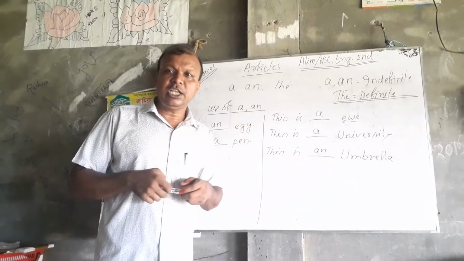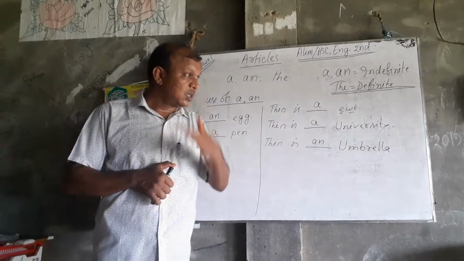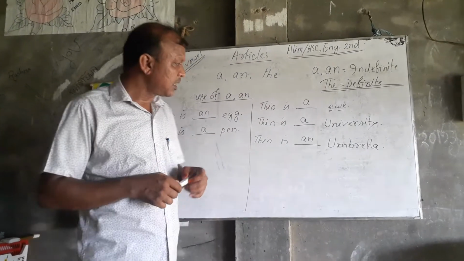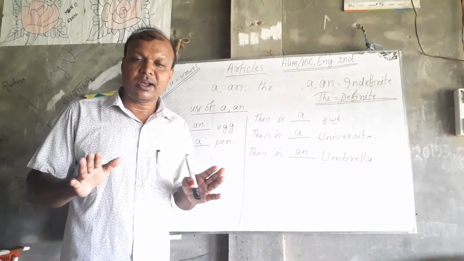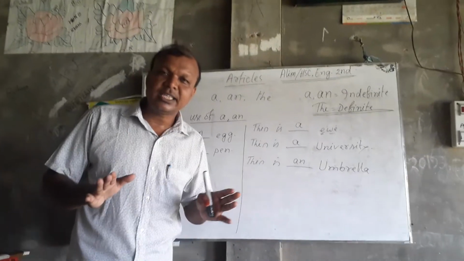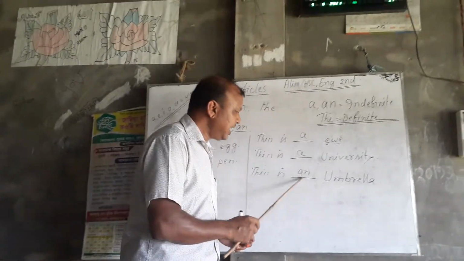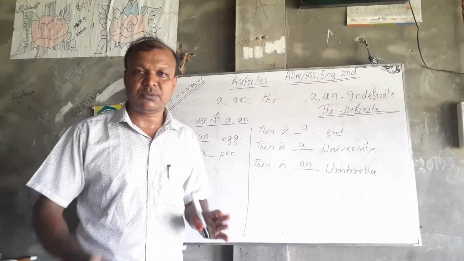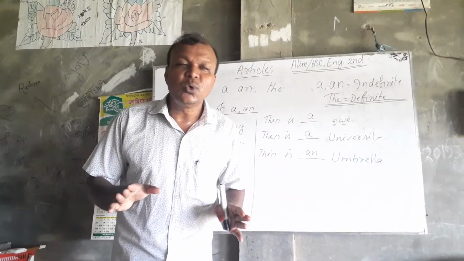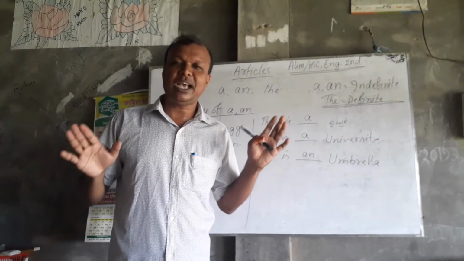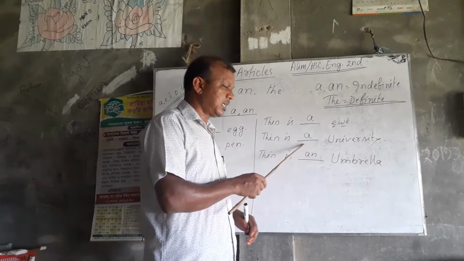That means if the pronunciation of U is "uh", then we will put An, and if the pronunciation of U is "you", then we have to put A in the gap.